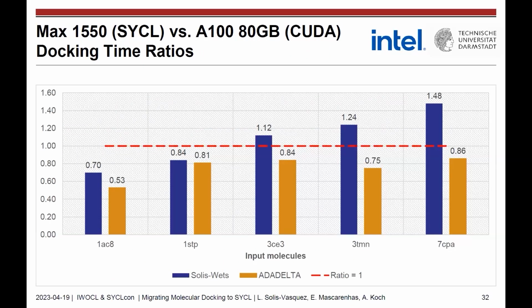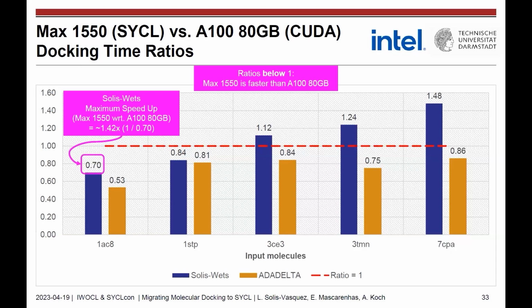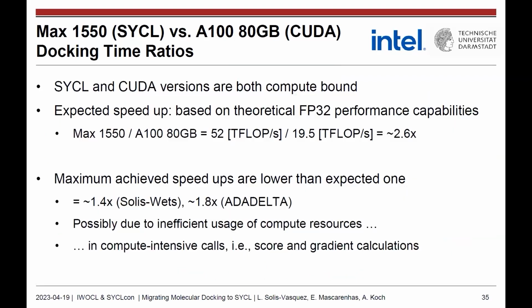Finally, this is a comparison of the docking time ratios. In this case, we're running the SYCL version on the Ponte Vecchio, or Max 1550, and we're running the CUDA code on the A100. Here, the Max 1550 is faster than the A100 for those plots which are below the horizontal line. The maximum speedups we achieved were 1.42 for the case of the Solis-Wets method and 1.88 for the case of ADADELTA.